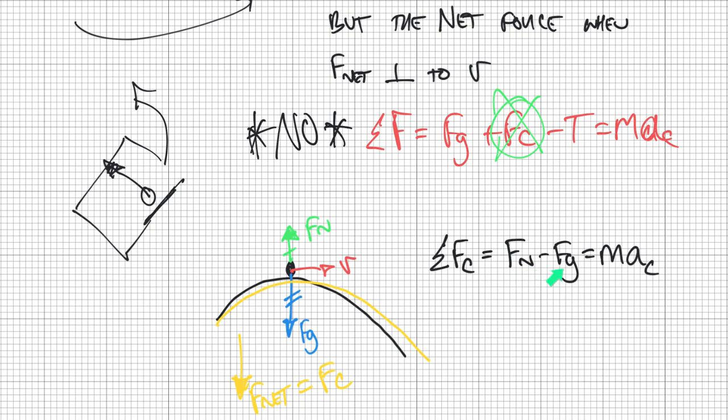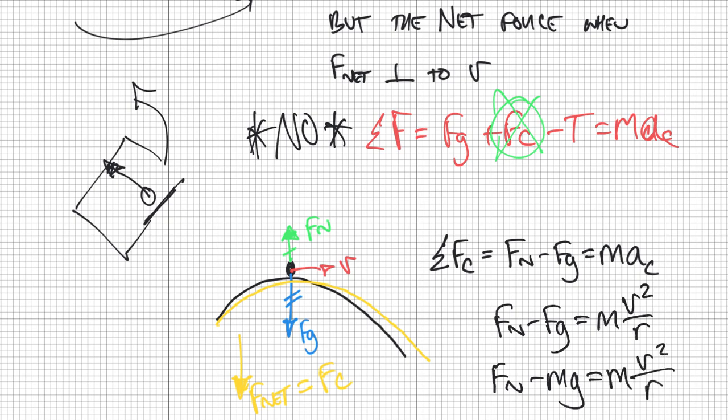So then we know that the gravitational force must be bigger than the normal force. And that's how I would set that up. And then I could have F_n minus F_g equals m v squared over r. So F_n minus mg equals m v squared over r. So that's just how I could set that up, regardless of what the numbers are, right?